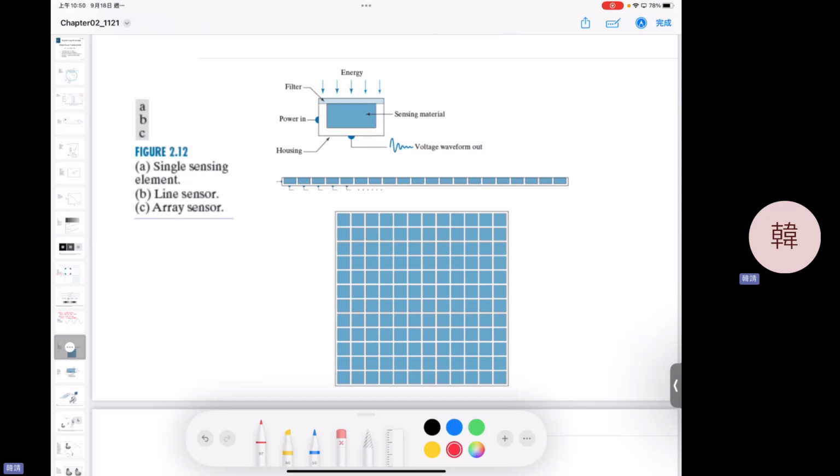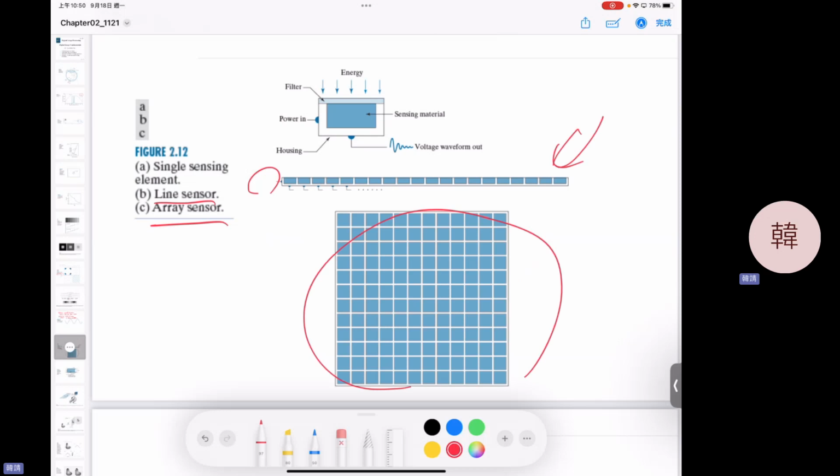For the object, you need the radiance, the illumination, the light source, put on the object and reflected. If I say it is a green object, only the spectrum of green will be bright, and your sensor can observe it. Sometimes it's a line sensor, sometimes an array sensor. Like your digital camera, it should be like this one, and this one should be a scanner.